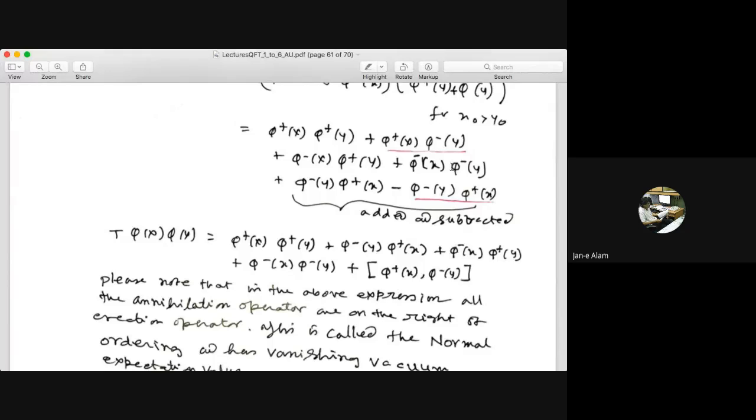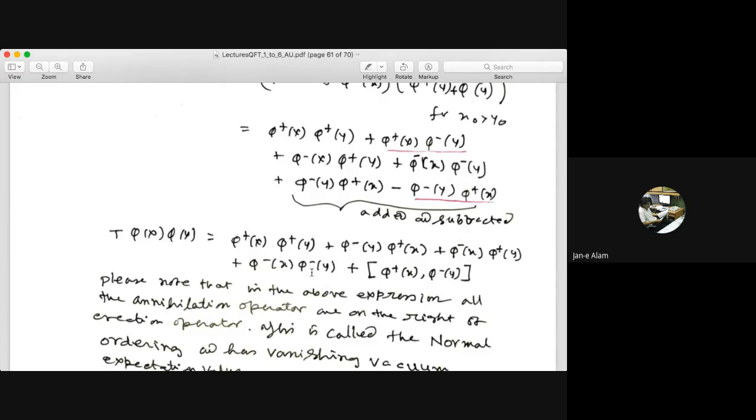I have not done any manipulation; I have just simply written the product. The only thing I have done is that where I had a creation operator on the right, I have taken that into account in a commutator. In all other terms, the annihilation operator is always on the right.